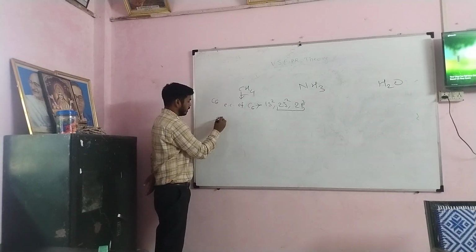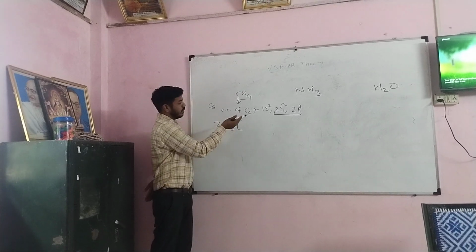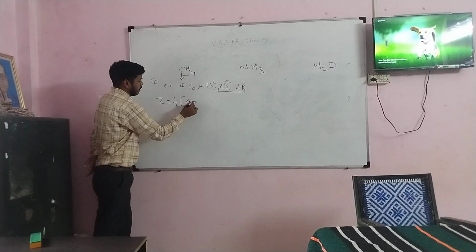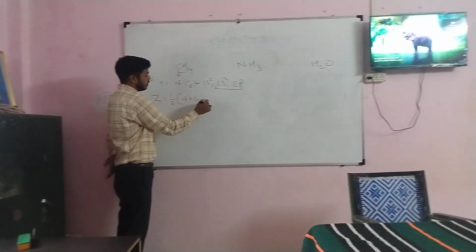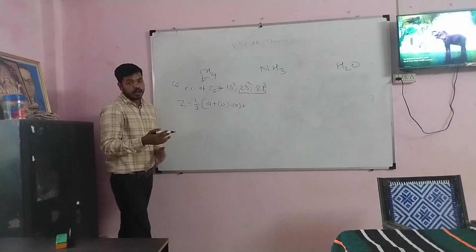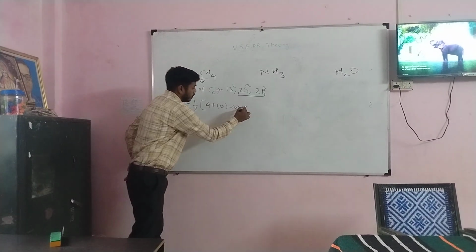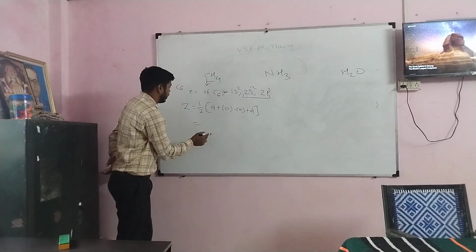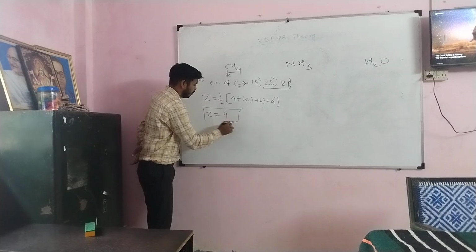According to our rule, Z is equal to 1 by 2 (number of valence electrons on the central atom, 2 plus 2, 4, plus negative charge, there is no negative charge on the molecule, 0, minus any positive charge, nothing, that is also 0, plus the number of monovalent atoms attached). कितने monovalent atom हैं हमारे पास? 4. तो इसका वैल्यू आ जाएगा 4 plus 4, 8, 8 divided by 2 comes to 4. So the value of Z is equal to 4.